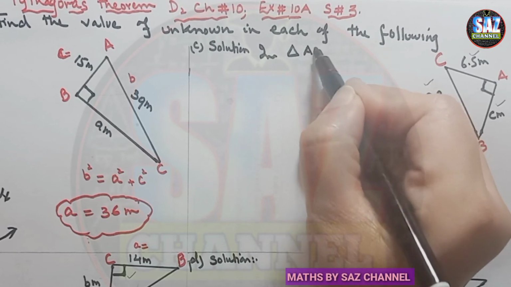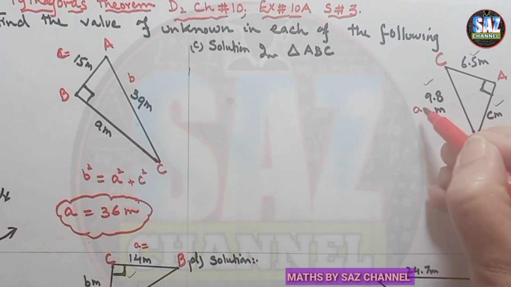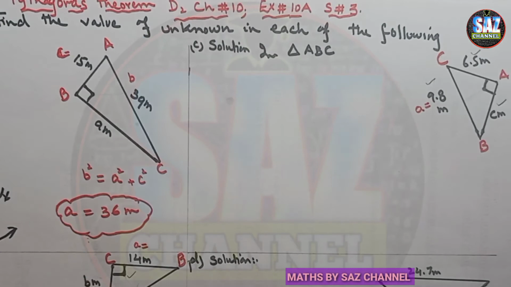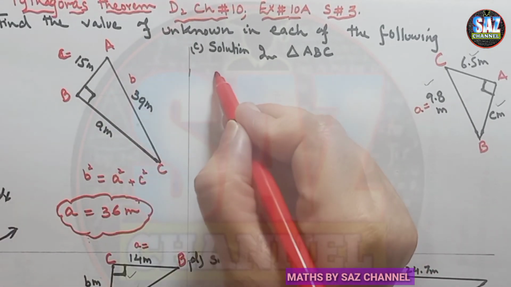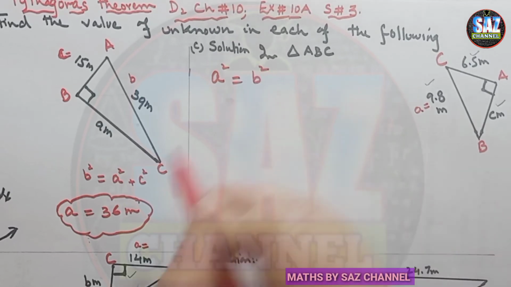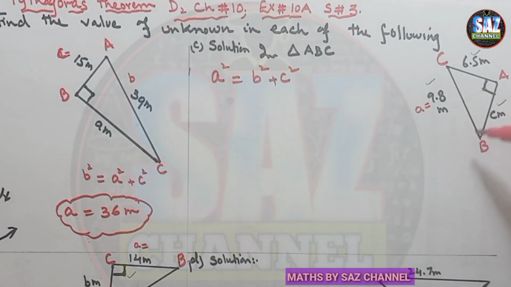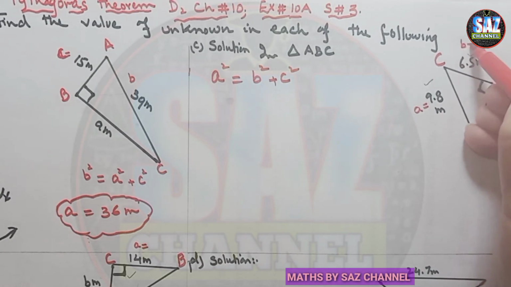Now according to Pythagoras theorem, in triangle ABC, a square will be equal to b square plus c square, where b is 6.5.